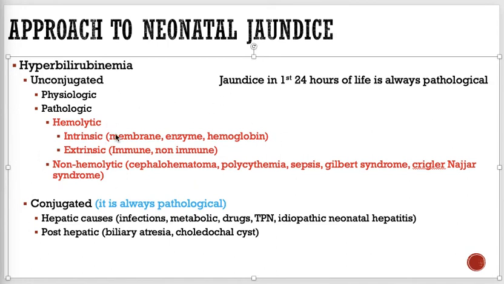Or when the jaundice is of the conjugated type, of course we have to look for all these causes. So, unconjugated in the first 24 hours of life, all investigations are needed. And conjugated, whenever, we investigate for all these causes.